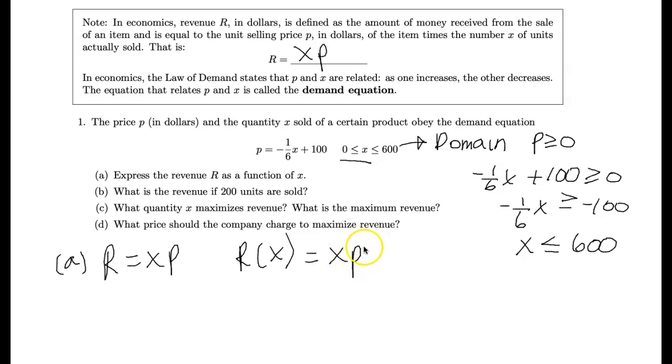But this part is the funky part. We want it to be in terms of X. And so having P here is not good. But we know P is negative 16X plus 100. And so I'm going to replace that with it.